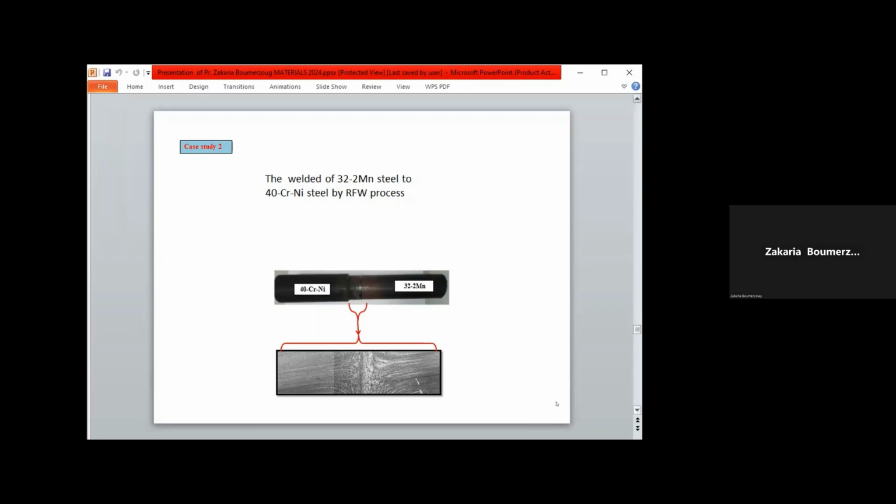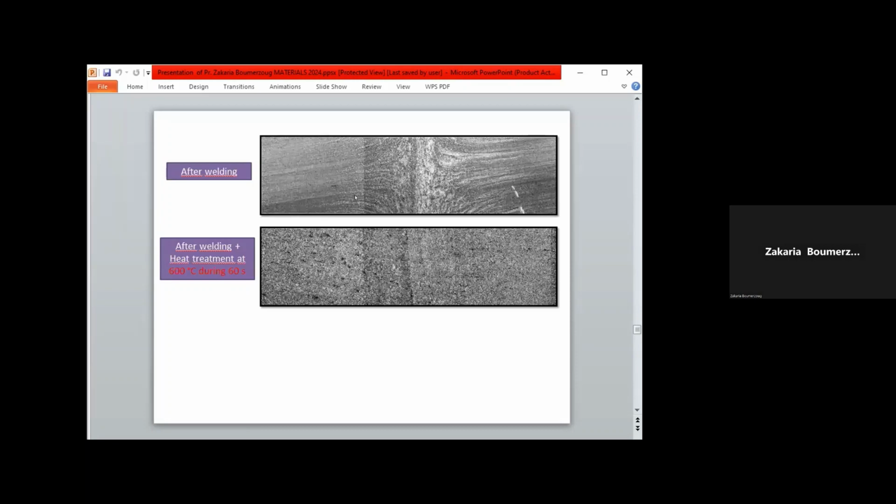Here, the first microstructure shows us the welded joint after friction welding. It means there is a heterogeneous microstructure. But if you apply heat treatment at 600 degrees for just 1 minute, we can make the microstructure in the welded joint homogeneous.